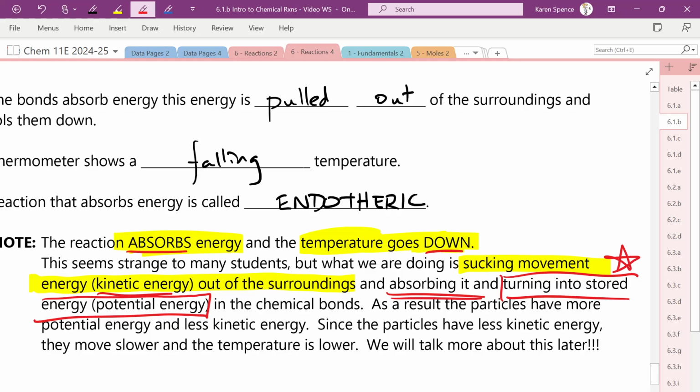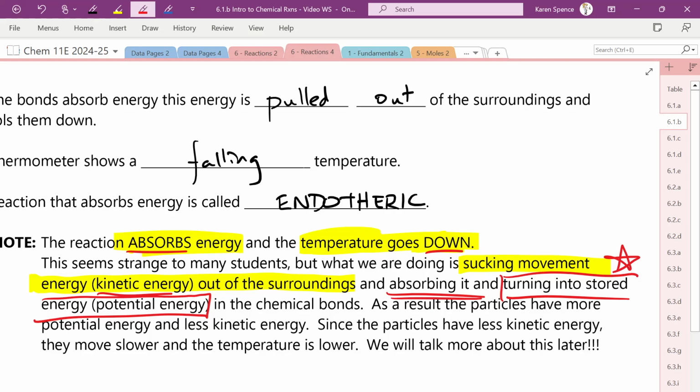And if you don't have as much kinetic energy, what can you say about the speed of the molecules? Slow. They're moving slower. And if they're moving slower, what can you say about the temperature? Low. The temperature is lower. So when we say a reaction absorbs energy, it's not just absorbing energy, it's taking in kinetic energy and turning it into potential energy. And that's why the temperature drops.